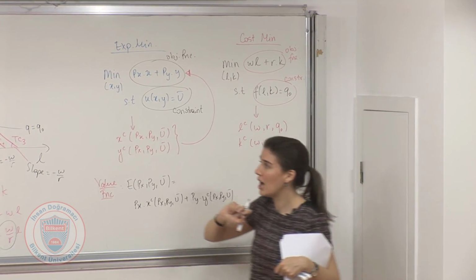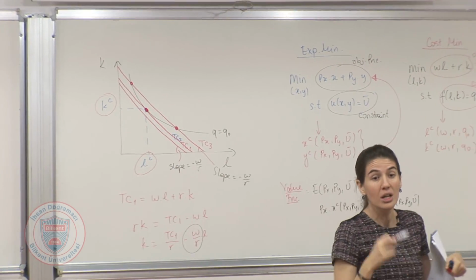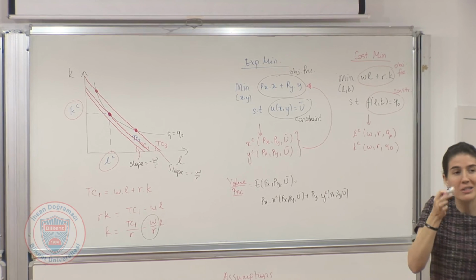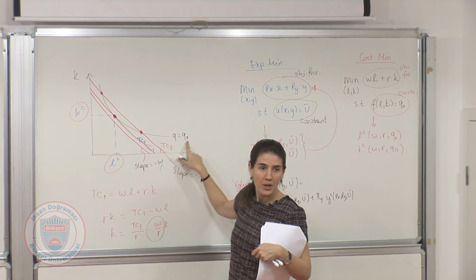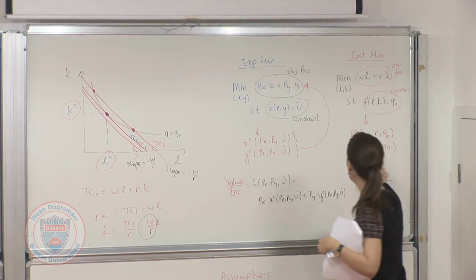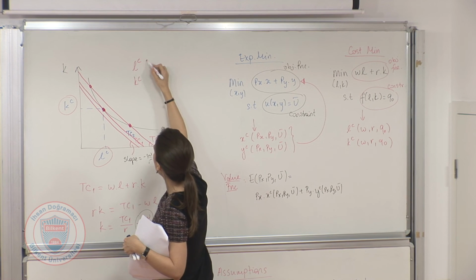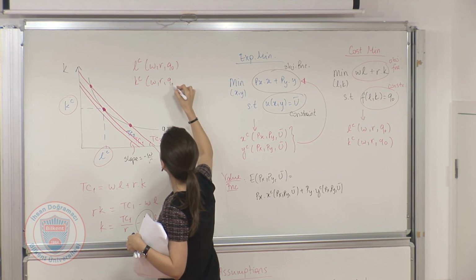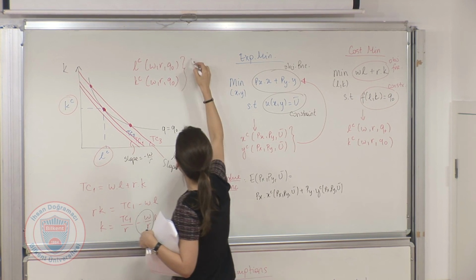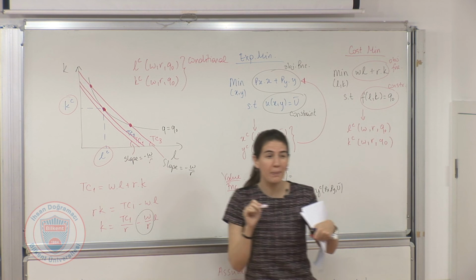And this is wage, R, Q0. These guys, we call them conditional input demands, okay? Because they're conditional on this Q0 level. So let's call this LC, KC, of wage, R, Q0. These guys are called conditional, or your book calls them contingent.